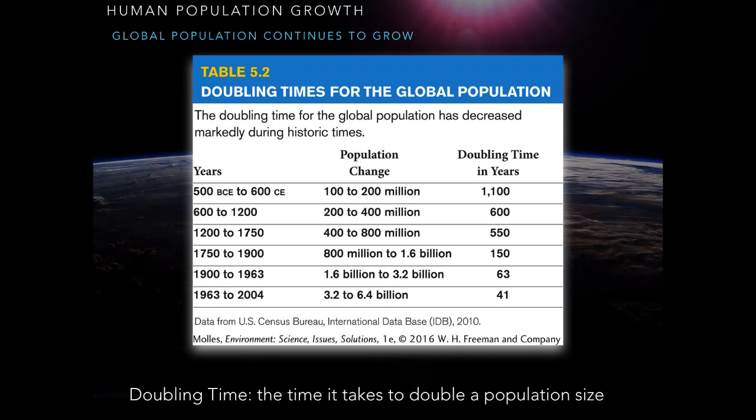With the Industrial Revolution, we needed just a century and a half to double our population, going from 800 million to 1.6 billion. Then after the beginning of the 20th century, we needed less than a century, about 63 years. And recently, in 2004, we were doubling our population about every 40 years.